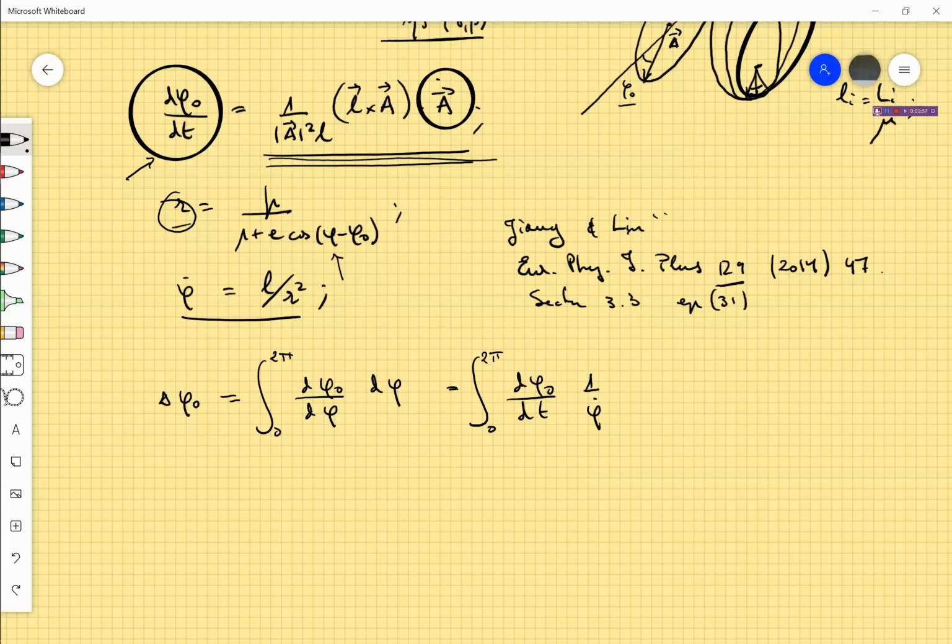Okay, so you can replace this by r squared divided by L d phi, and r squared is p squared divided by L, and 1 divided by 1 plus e cos of phi minus phi 0, squared, d phi.